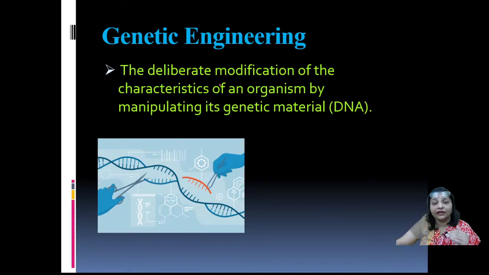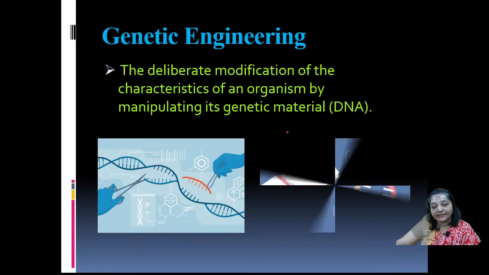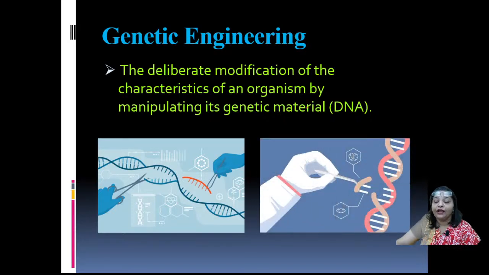So a change is made to manipulate the DNA itself, and because DNA is the main genetic material of every organism that stores the information of all the characteristics of an organism, if it is manipulated, it is going to produce the desired characteristics in the new organism.